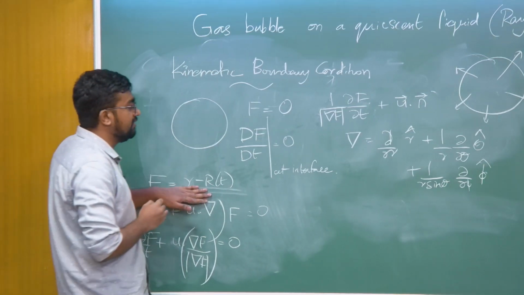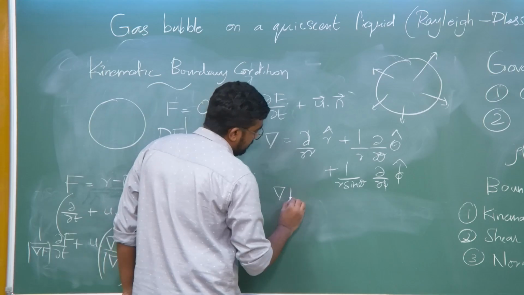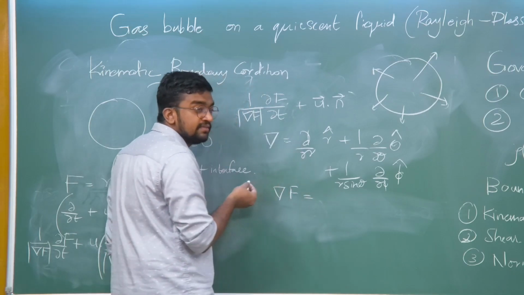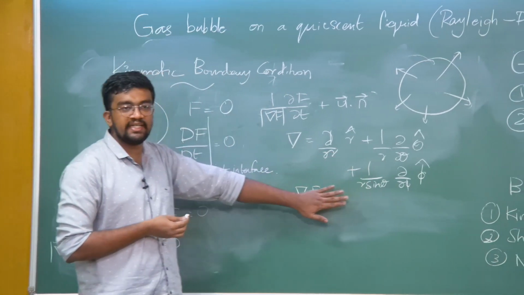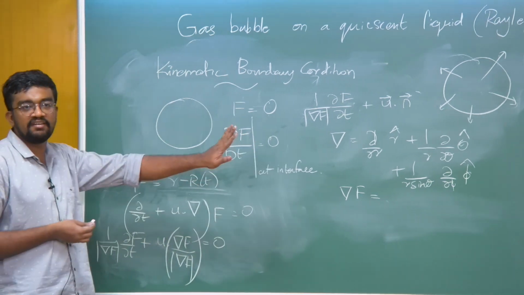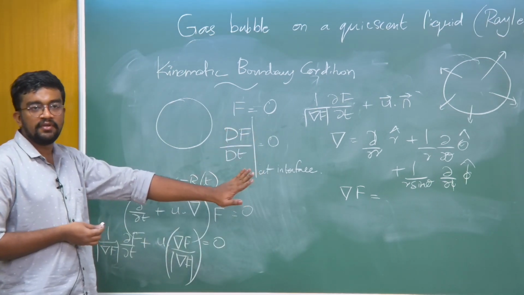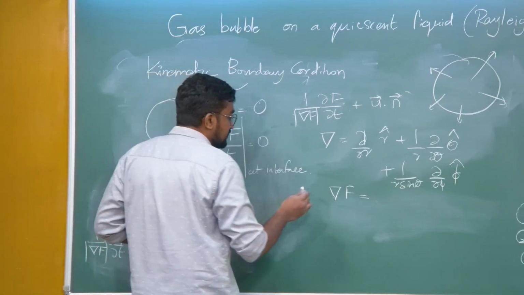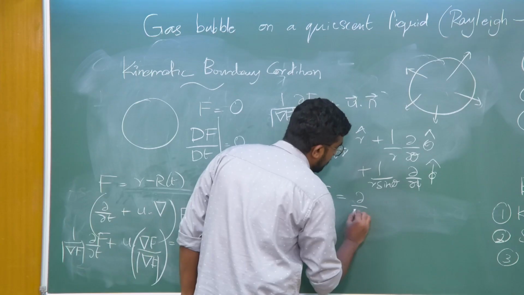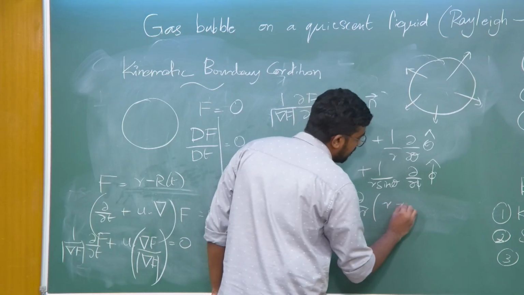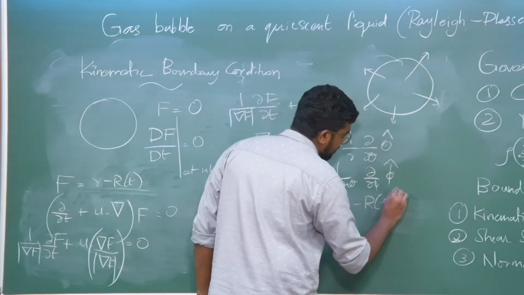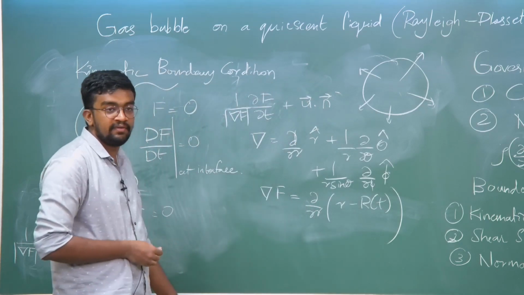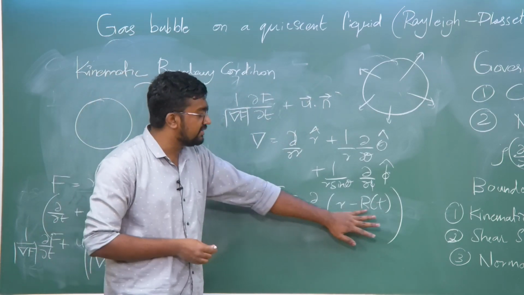If you take grad of F, you get, theta and phi are not there in the expression. So, both theta and phi components go away. You only have a radial component and the magnitude is 1. So, we have dou by dou r of r minus capital R of time. This derivative is 0.